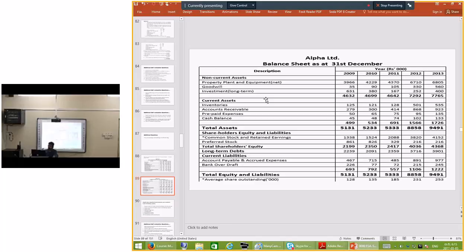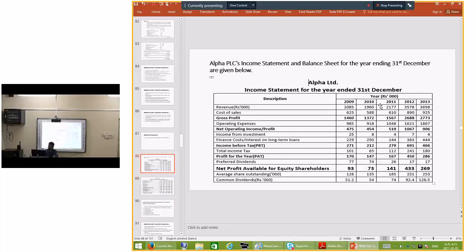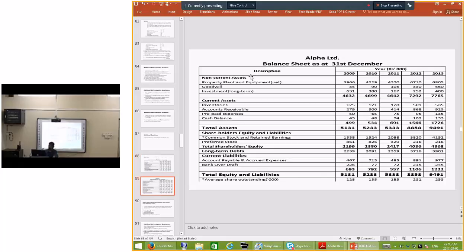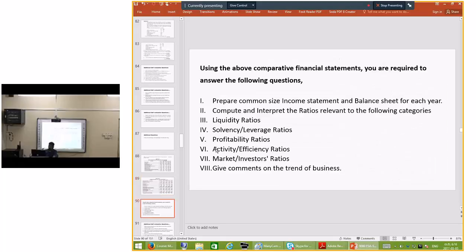Now you can see 5 years details: revenue, cost of sales, gross profit, operating expenses, net profit, income from investment, finance cost, income before taxation, income after taxation, net profit available for equity shareholders. There are a number of important line items here, and also non-current assets and current assets, and then shareholders equity and long-term debt, and short-term liability, right?